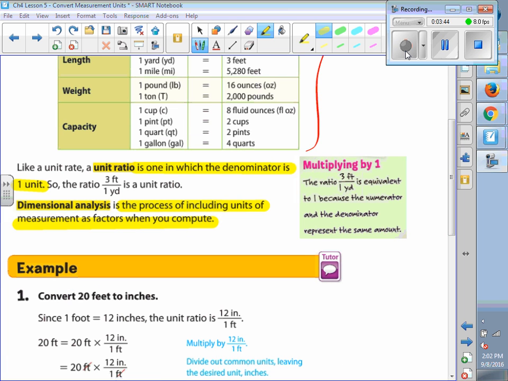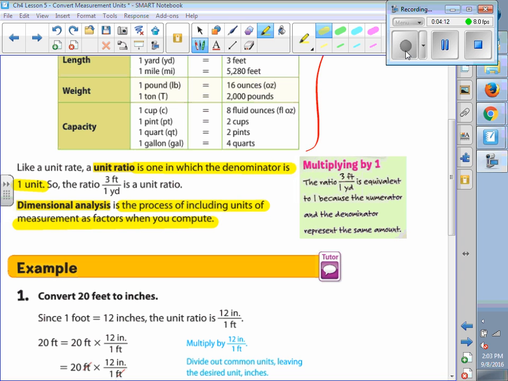All right, so what are we going to use this for? And how are we going to use this? Well, the unit ratio, 3 feet to 1 yard, if you think about that, that is equal to 1. The reason that is equal to 1 is that they both are equal to the same size, right?